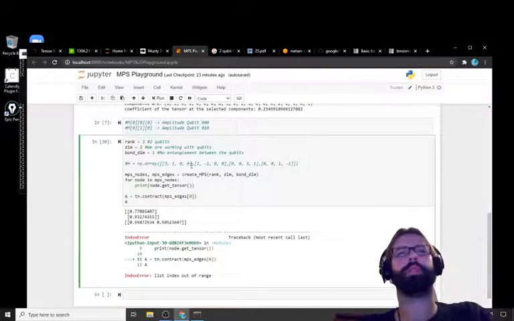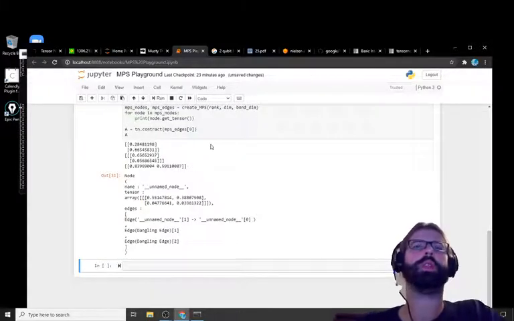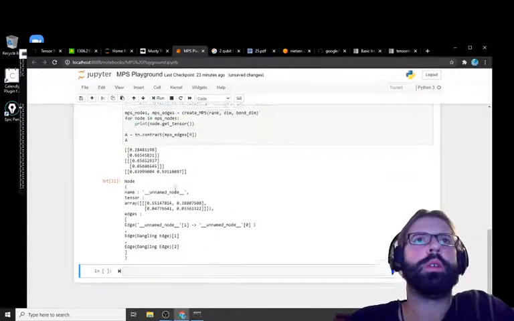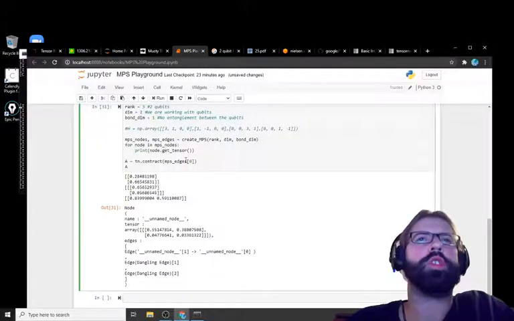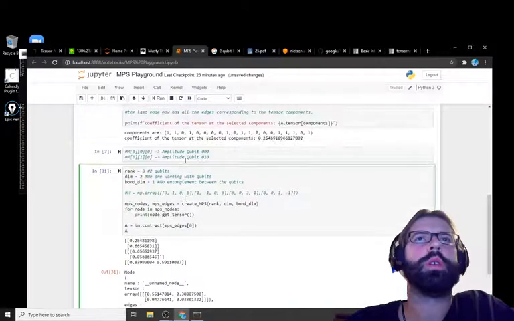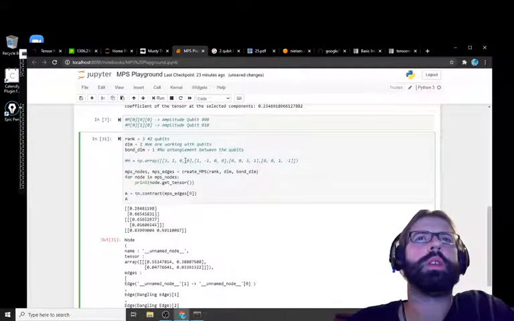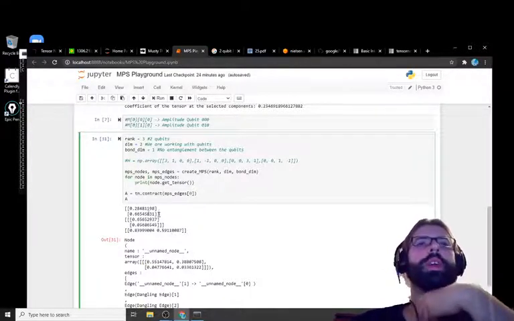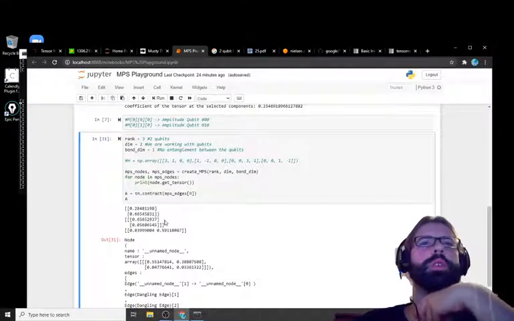Whereas if I say rank 3, it gives me 3 nodes, and 1 edge. That is kind of confusing. Is the edge between these 2 nodes? And what is this thing here?